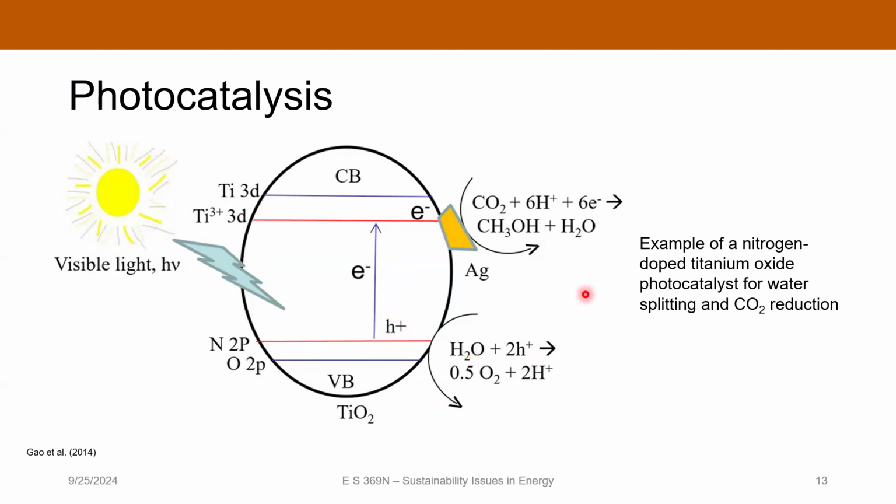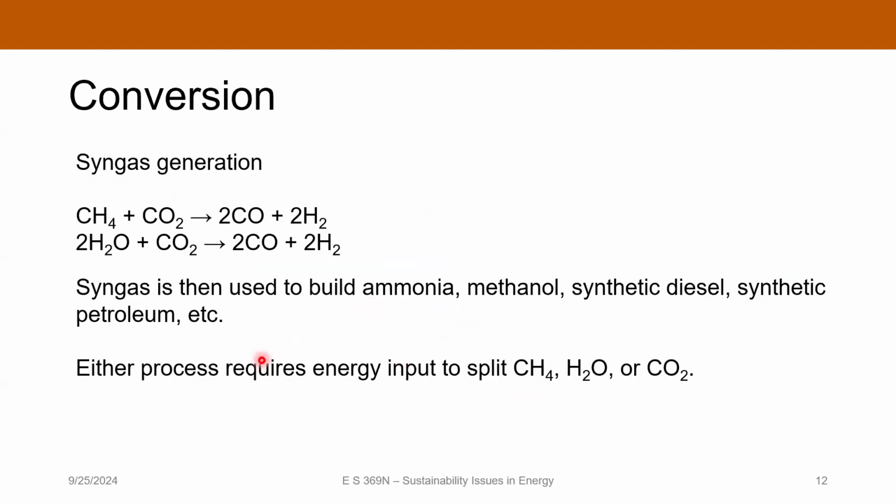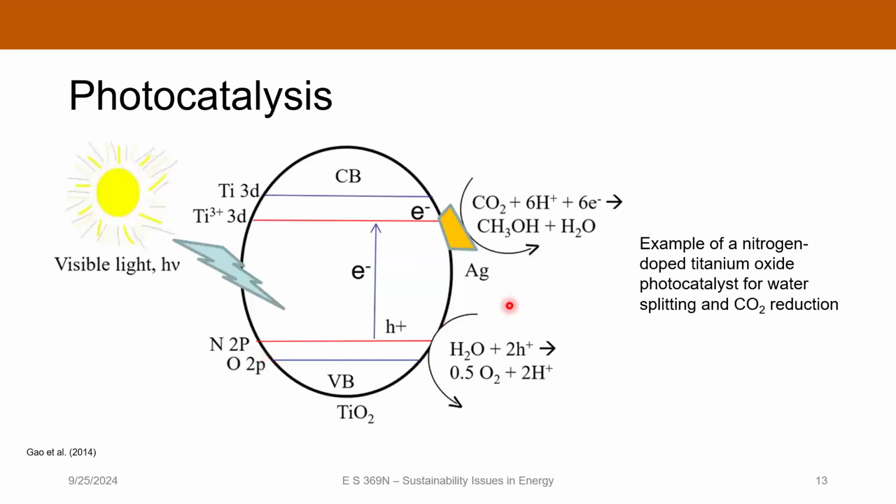And so you take the CO2 and the water and you can split them apart to make, so this is actually methanol that's being made in this photocatalyst, but you can design these catalysts to do other things and make other molecules. And so just using sunlight, this might be a way of getting around the energy input, okay?